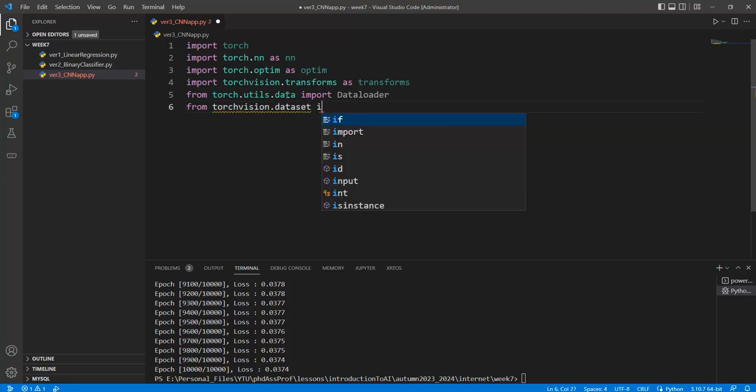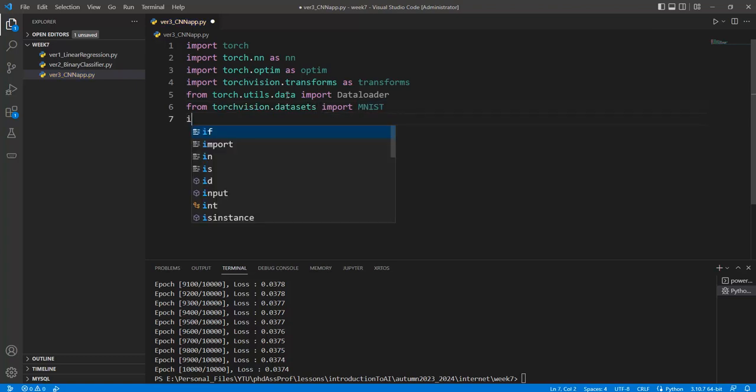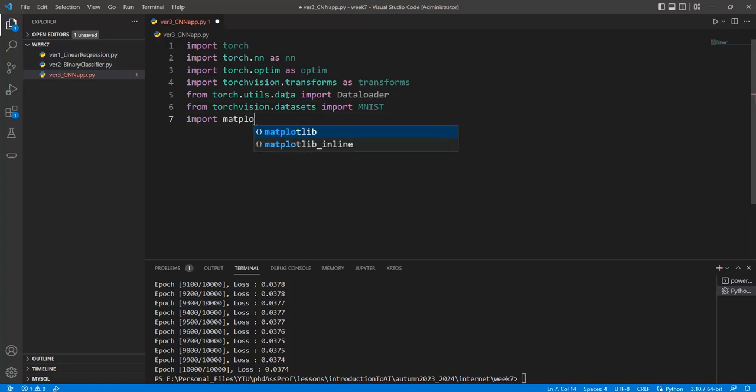This is the basic library for the MNIST. Okay? Torchvision datasets. Okay? So import matplotlib.pyplot as plt.